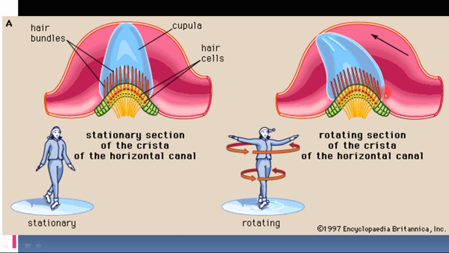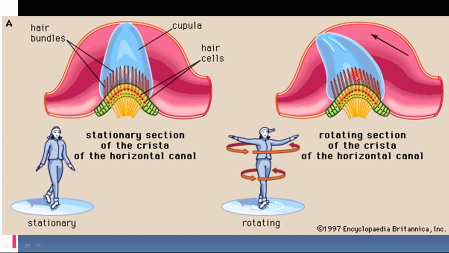Because of the inertia, if the person starts rotating in this direction, and the bony and membranous labyrinth are also rotating in this direction, the fluid will flow in the opposite direction, thus displacing first the cupula and the hair cells, the cilia which are projecting in the cupula. The mechanism of generation of receptor potential and action potential will be the same.